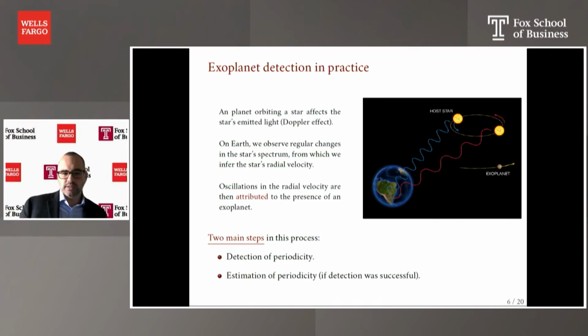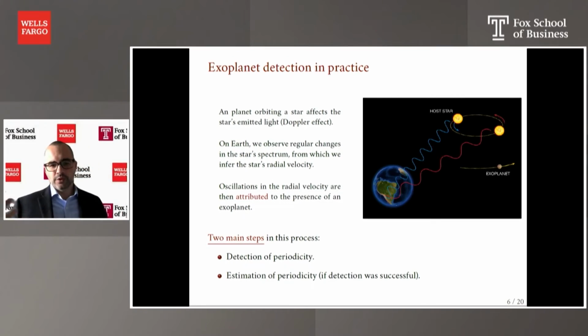So this method is astonishingly simple, but also astonishingly successful and smart, because basically you only have to observe the velocity of the star, the so-called radial velocity, which is the velocity of the star with respect to Earth. So you just observe that radial velocity, and from that we're able to detect the fingerprints of an exoplanet around the star.